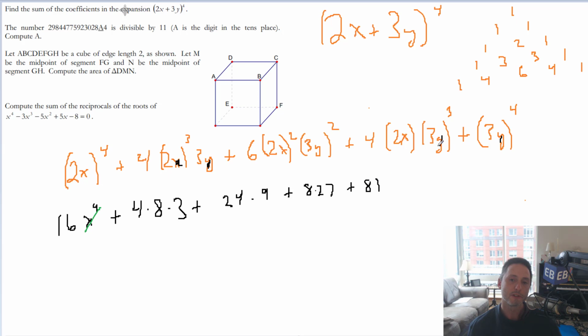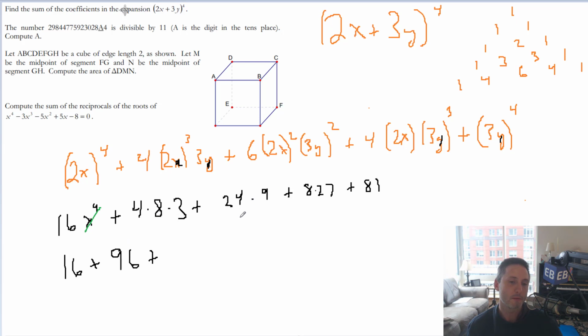And again, these terms here, they'd all be here if we did an actual expansion, but the x and y terms don't really matter. We can just assume that they're 1. So let's add these up. Maybe I made a mistake. Maybe I didn't. 16 plus, let's see, that's 32 times 3, that's 96.